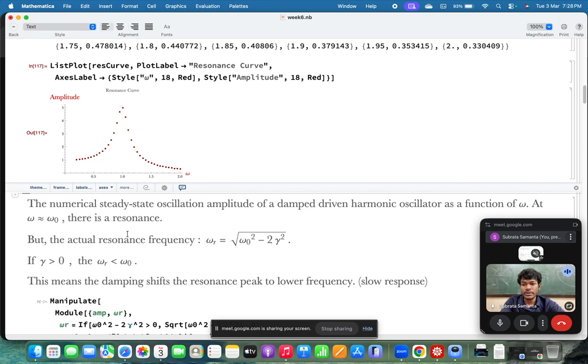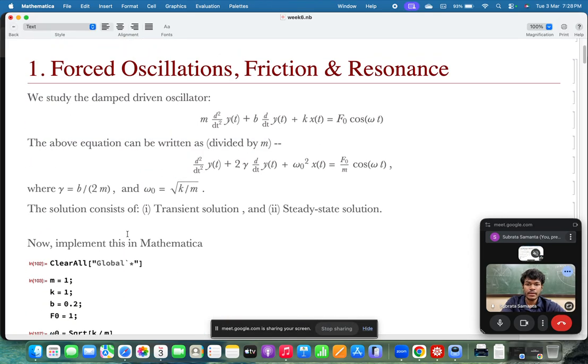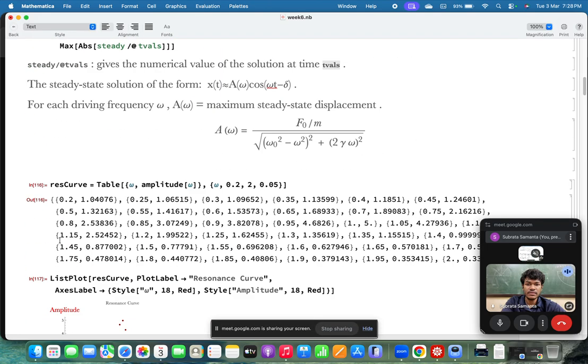But the actual resonance frequency is not omega naught. If you calculate it analytically, you just maximize the amplitude, which means you minimize this expression.